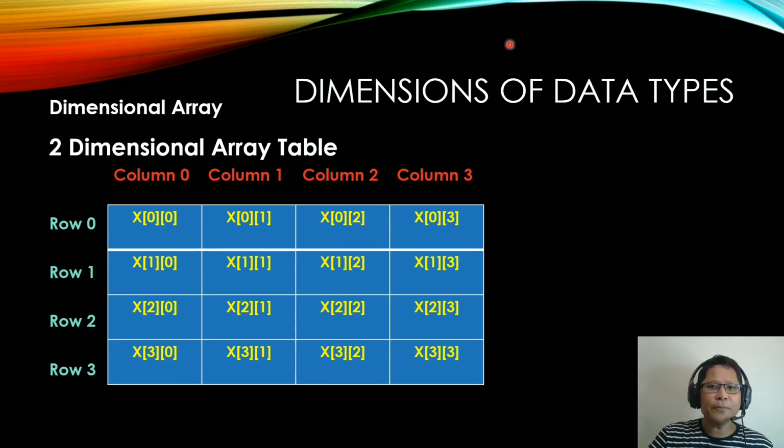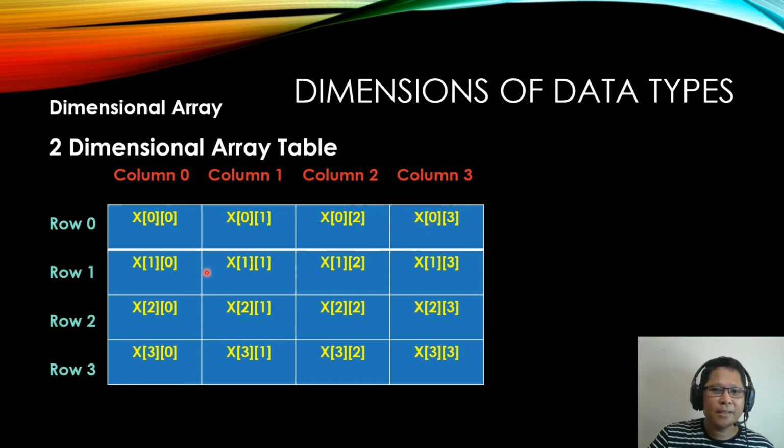Therefore, the first index indicates the row, and the second index indicates the column. Look at this here, 0, 3. So we are now in row 0 and column 3, just like this one.